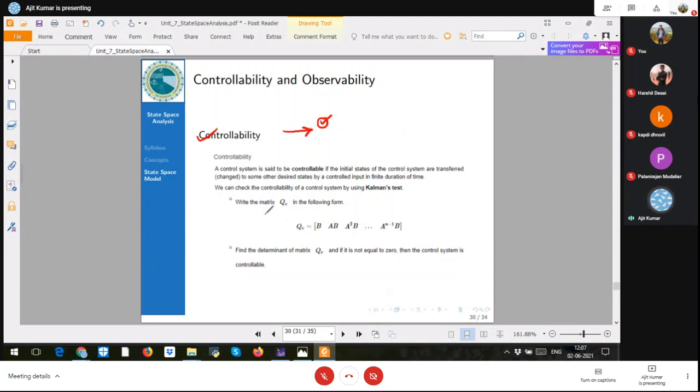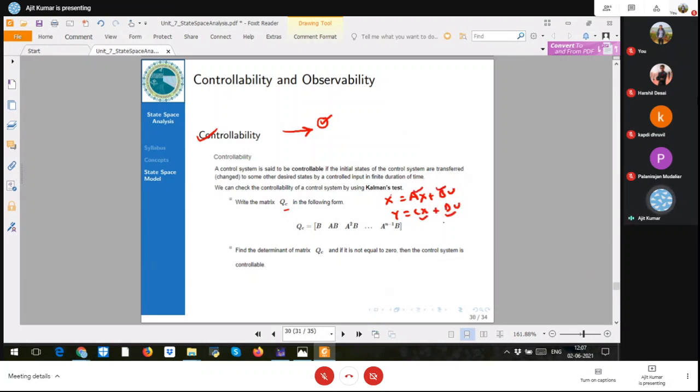So now you see how we define the matrix QC. Again, come back to the state space model: x dot equals AX plus BU, Y equals CX plus DU. This is also a very important concept. In the state space model we have A, B, C and D matrices.